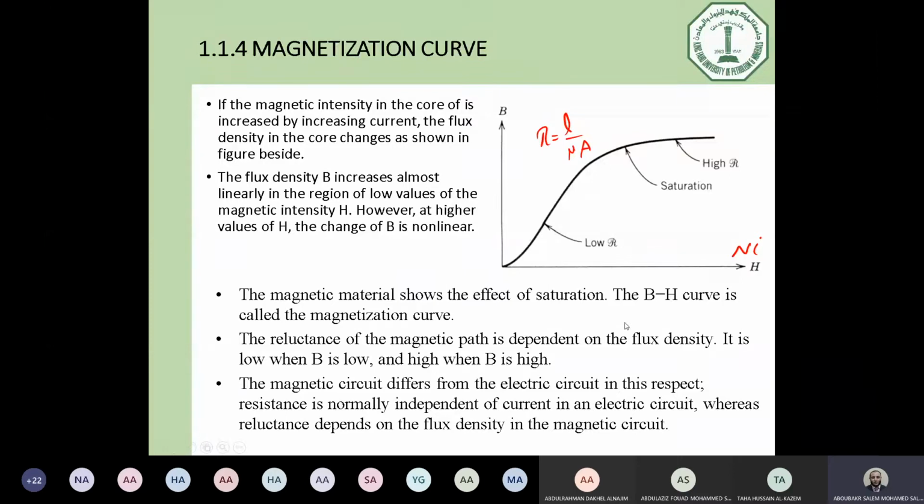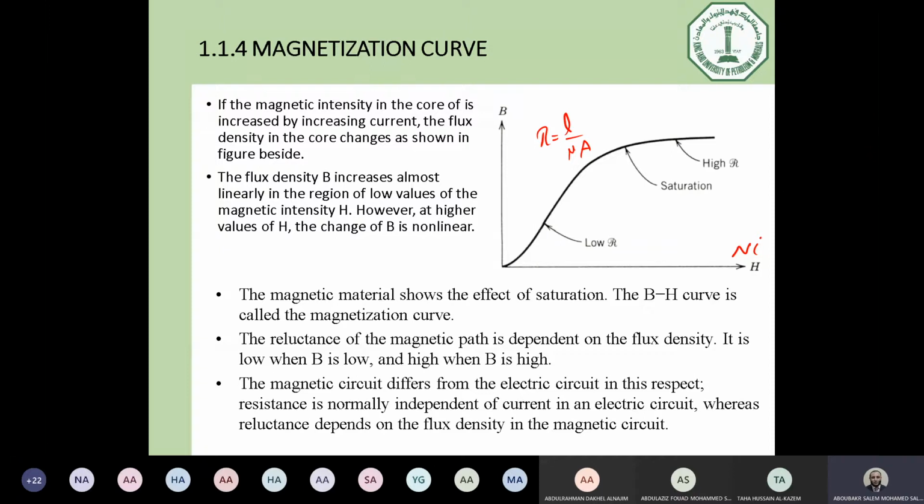I would like to refer to something important, that as you can see, the value of permeability itself is changing with the current or flux intensity, and therefore the reluctance as well will be changed. This is different to electrical circuit. In electrical circuit, the impedance or resistance is not changing with the increase of current magnitude. If we have a resistance supplied by a DC source, and we increase the value of current, the resistance itself will not be affected.